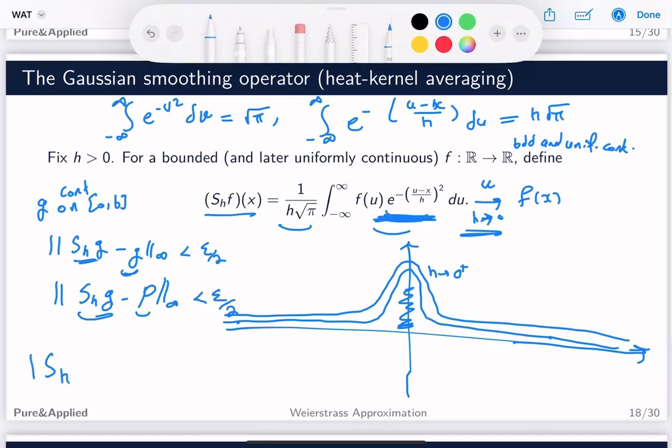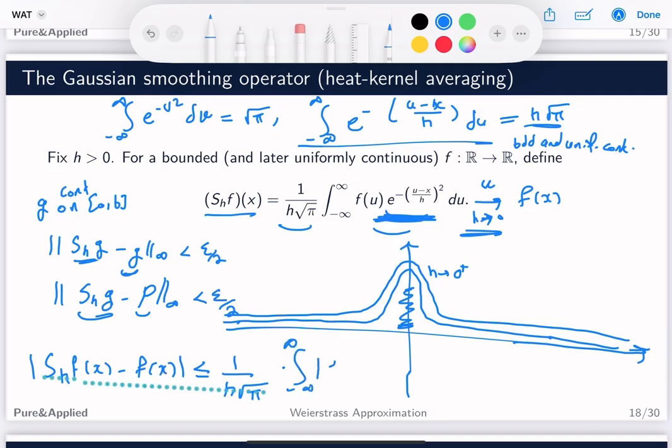So if you look at the difference of these two quantities, because of this exponential smoothing, and because of this fact, you can rewrite it, or you can bound this as 1 over h square root of pi times the integral of f of u minus f of x times the kernel e to the minus (u minus x over h) squared du.